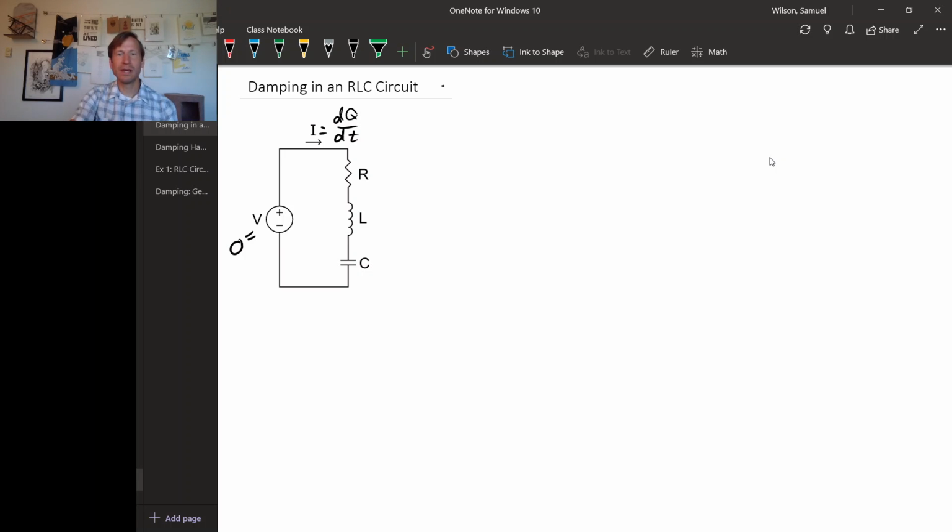So when we wrote down Kirchhoff's law without the resistor, we got, so the impressed voltage, which is 0, has to be equal to the voltage drop across the inductor, which physicists tell us is inductance times second derivative of Q, and then plus the voltage drop across the capacitor, which is 1 over capacitance times charge on the capacitor.